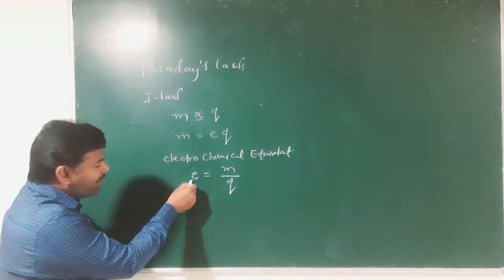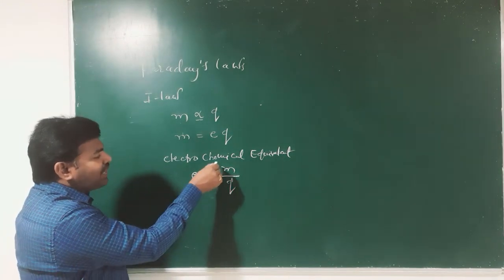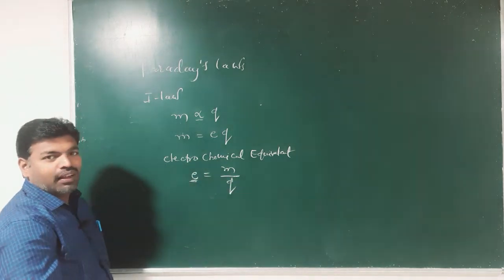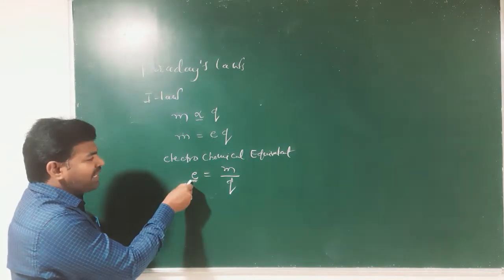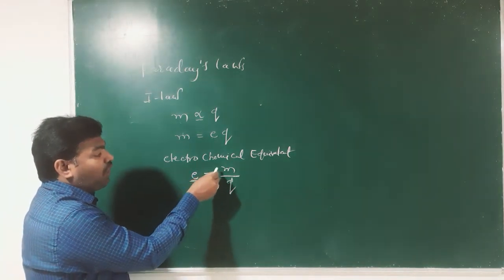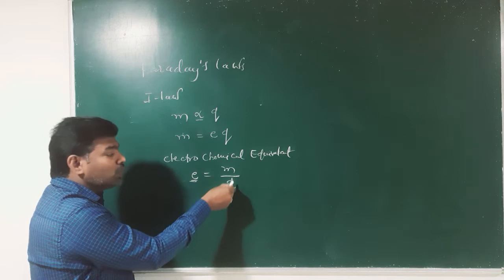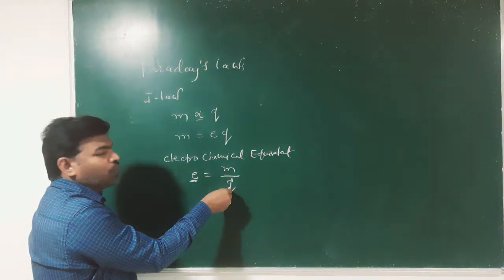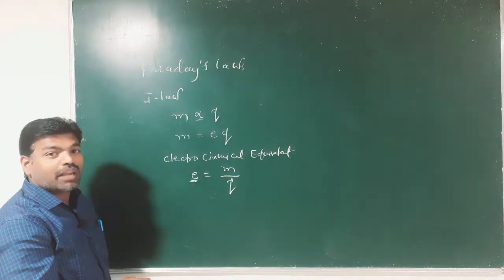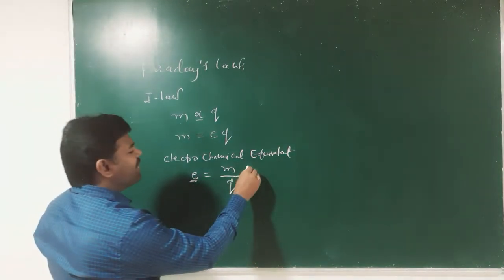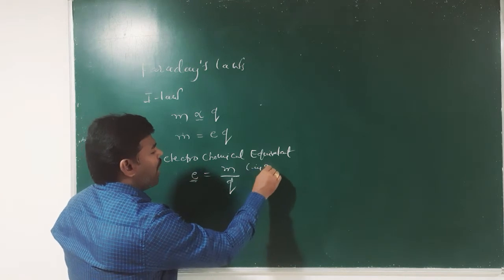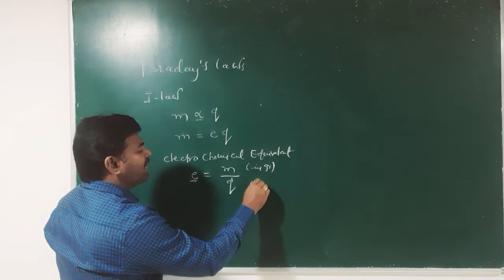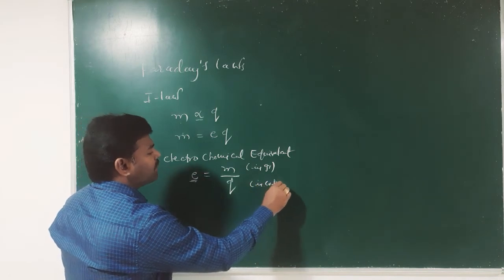So the electrochemical equivalent is the ratio of m to q, where m is mass in grams and q is quantity of electricity in coulombs.